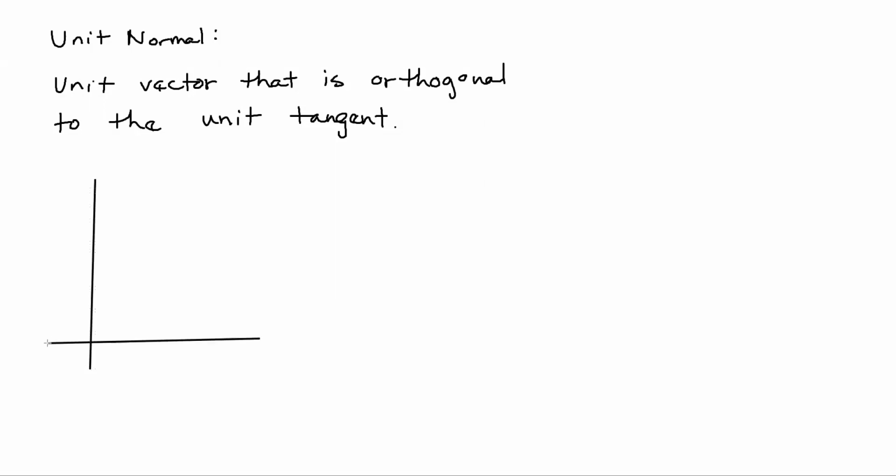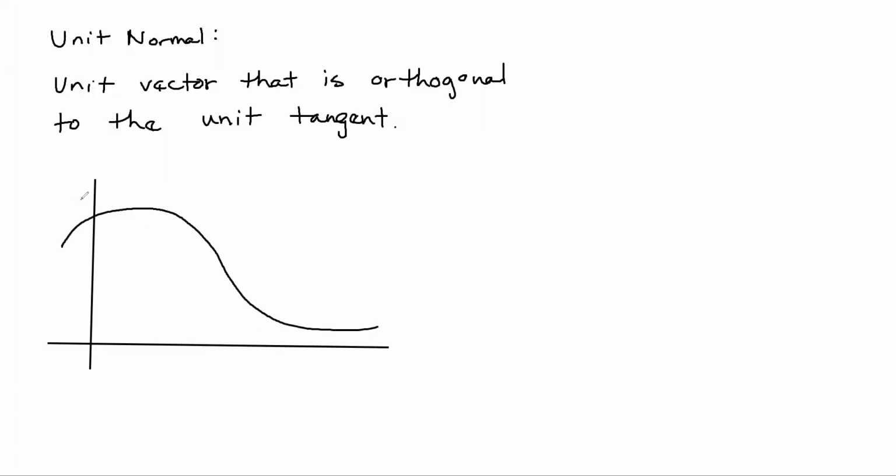draw a graph, and you can see visually what the unit normal looks like. So let's say we've got our curve here, and it looks something like this. Okay, so here we could say this is the unit tangent.